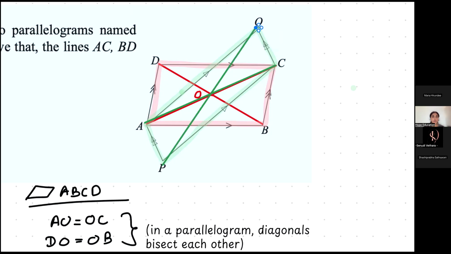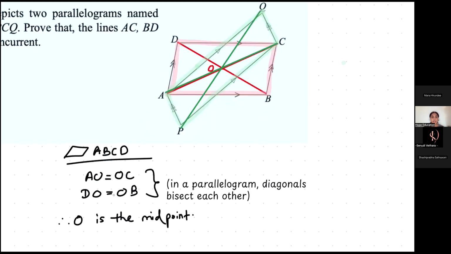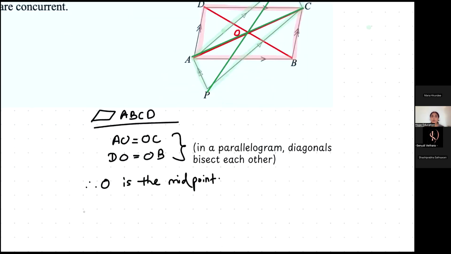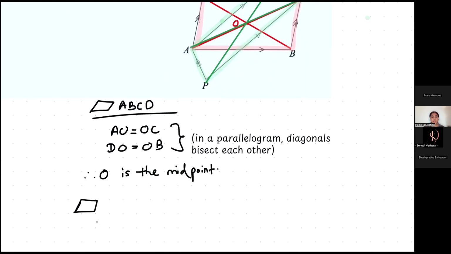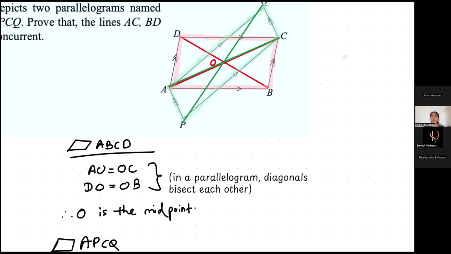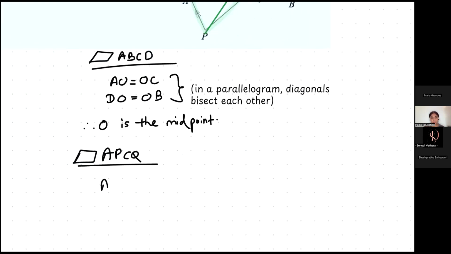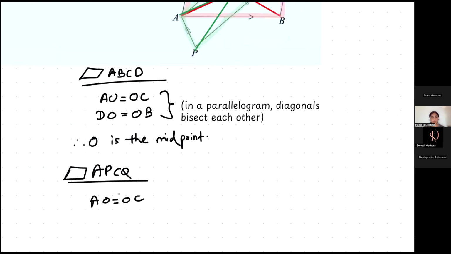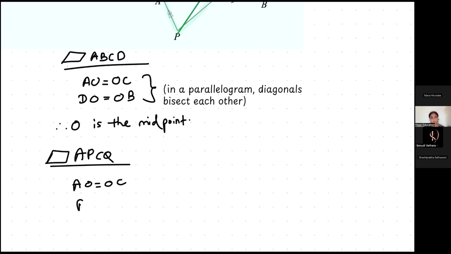So here as you can see, we can say in parallelogram APCQ, AO equals OC. And PO equals OQ. What is the reason?